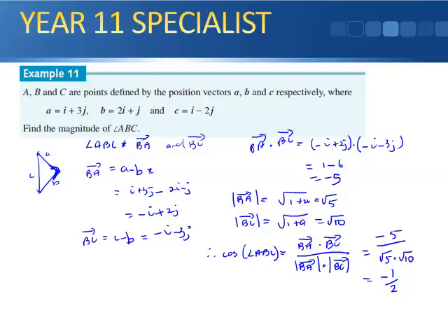Of course, take the inverse cos of negative 1/2. Therefore, angle ABC will equal 3 pi on 4, because cos of a half is pi on 4, but I want the negative, so it's pi minus pi on 4, which gives me 3 pi on 4.